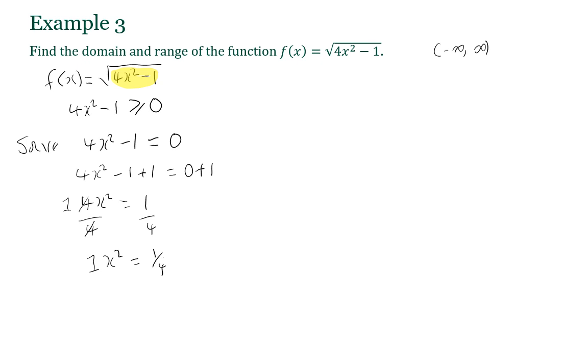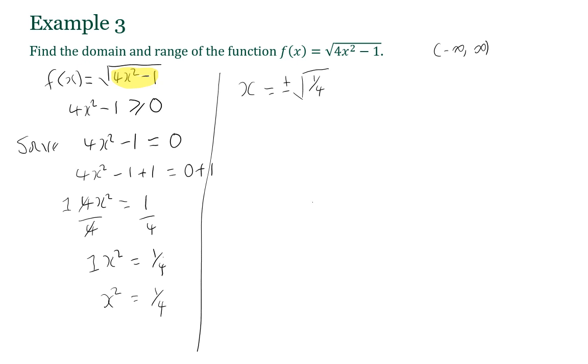And from here we can take the square root of the right hand side, which will give us square root of 1 over 4.